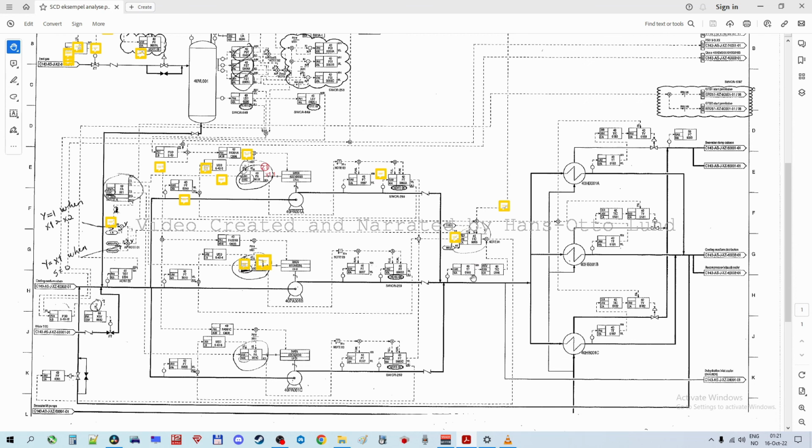If the temperature is a little bit critical, it uses that signal to control the valve. And if the flow is problematic, it selects the signal from the flow measurement and uses that to control this valve.